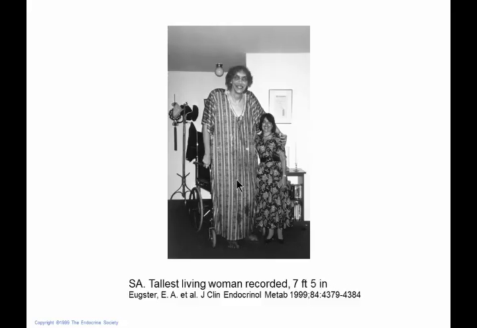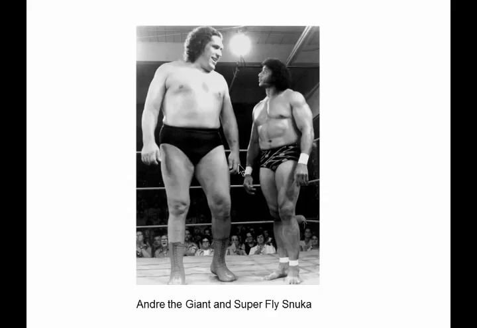So for this to happen, this is obviously growth hormone excess, and it has to happen before puberty, before bone fusion of the long bones occurs, which is about the time of puberty. This guy died, as did most giants. They die young.